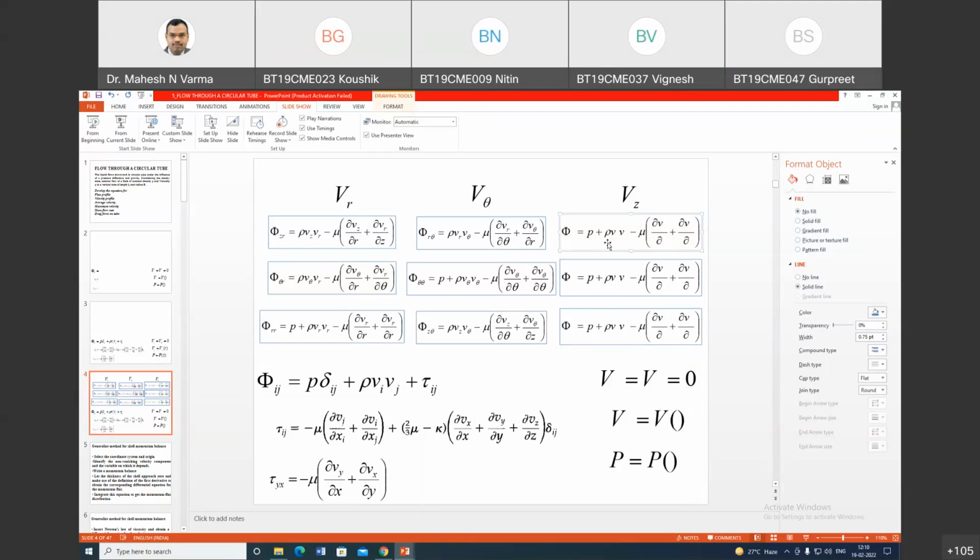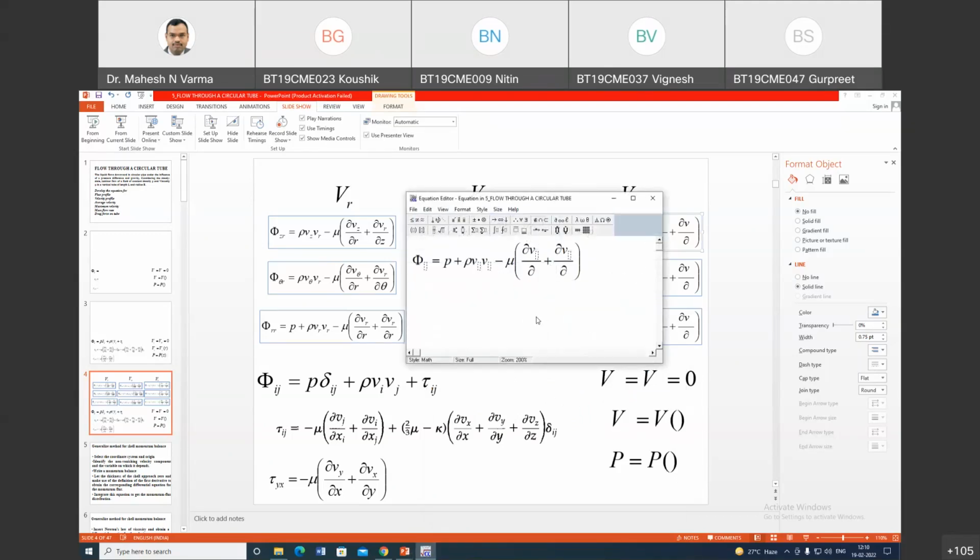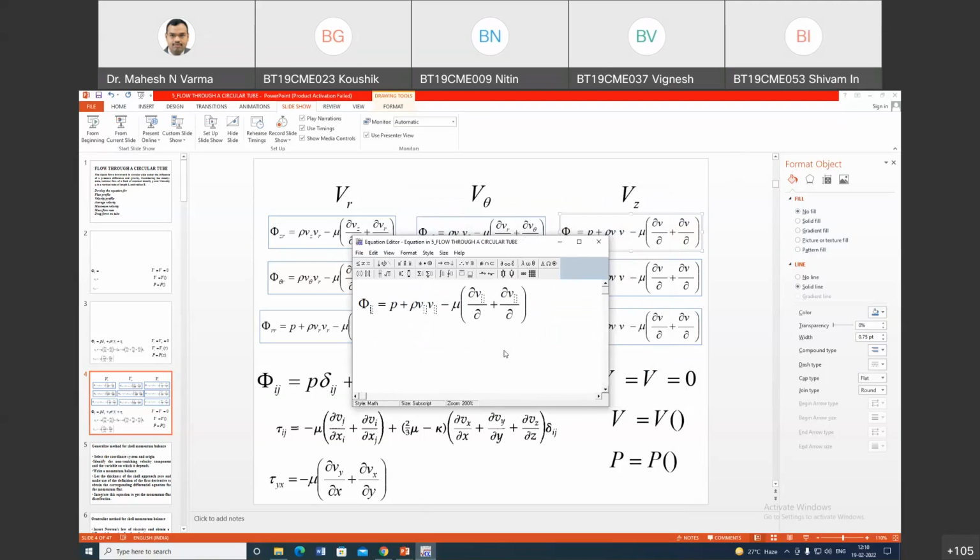Roll number 53, Shivam. Which component do you want to tell me? Yes, sir, phi ZZ. P will be non-zero, it will be P only.